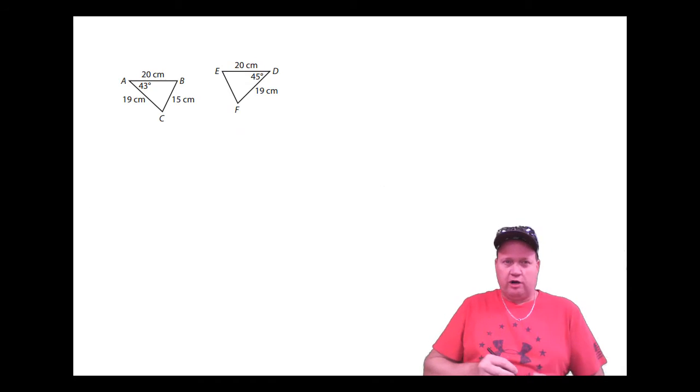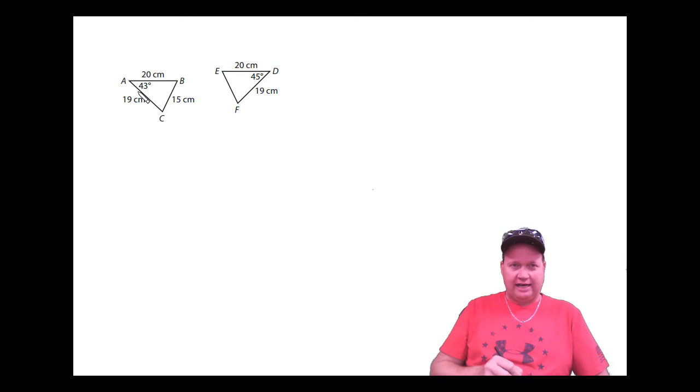When we look at two triangles, we have to look at it and figure out which parts might line up and correspond. And you can see that 20 centimeters here. I see a 20 in both triangles, and I also see a 19. So I'm going to look at the angle that the 20 centimeter side and the 19 centimeter side make.